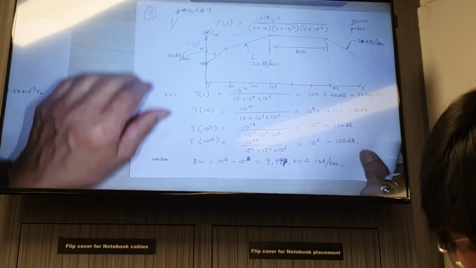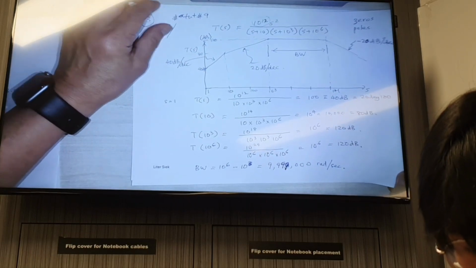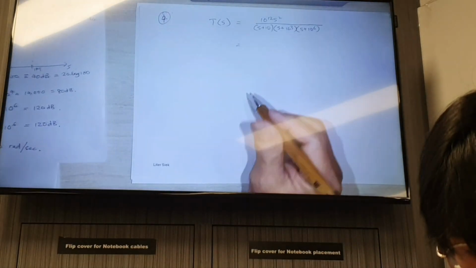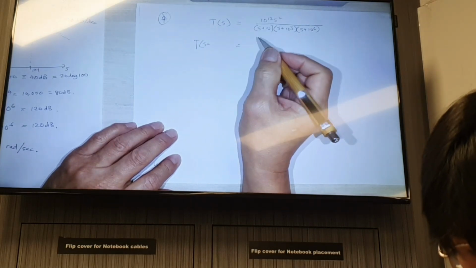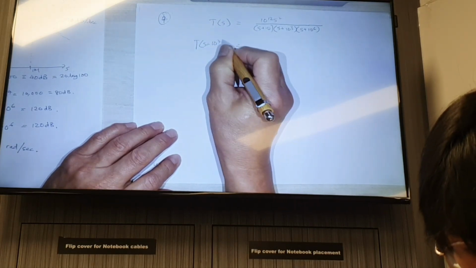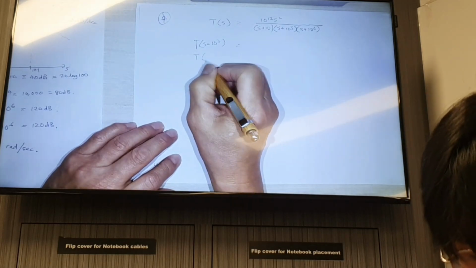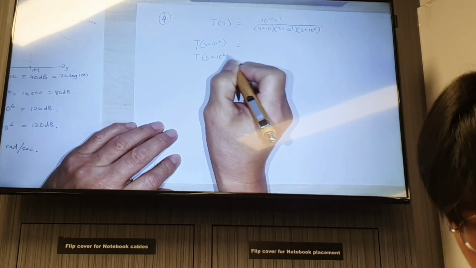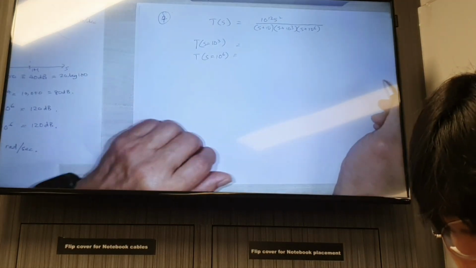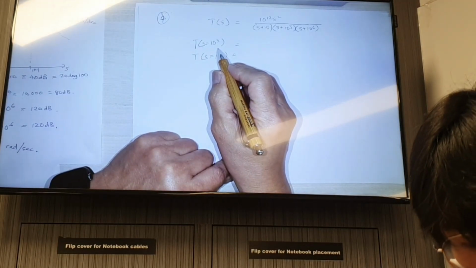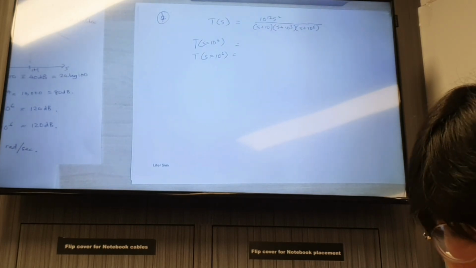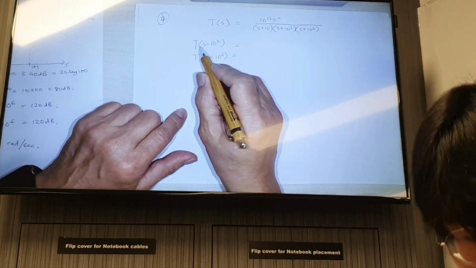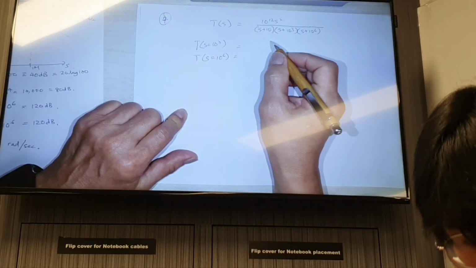So how do we calculate this? In order to calculate this, we find out when S is equal to 1K and when S is equal to 1 meg. When S is equal to 1K, that is one point of your bandwidth, and when S is equal to 1 meg, it is the other point of the bandwidth. So we want to find out the actual value when that happens.